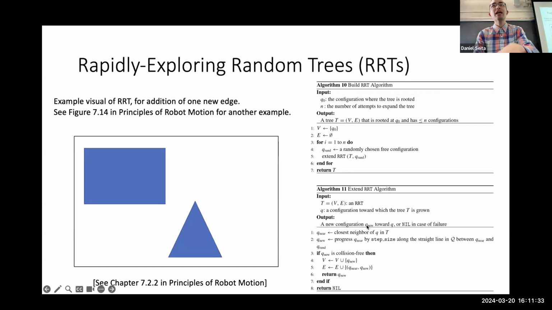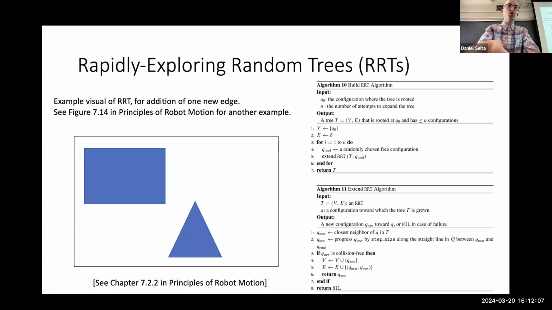The output is going to be some new configuration if you can expand the tree toward that free configuration, and it's going to be nil, or basically nothing, if it fails. So you find the closest neighbor, and you progress towards that near point by the step size along the straight line between Q near and Q rand. If it's collision free, you add it to the tree. If not, you just ignore it.